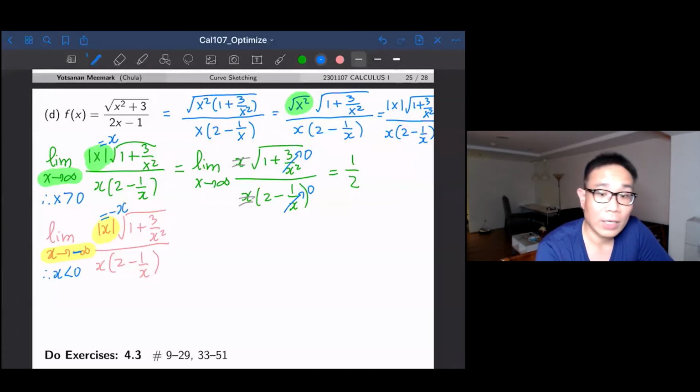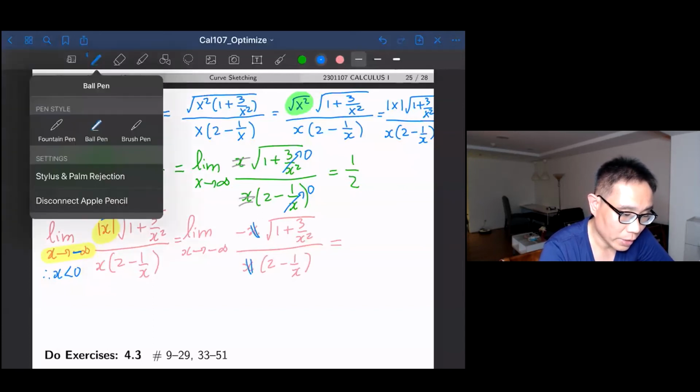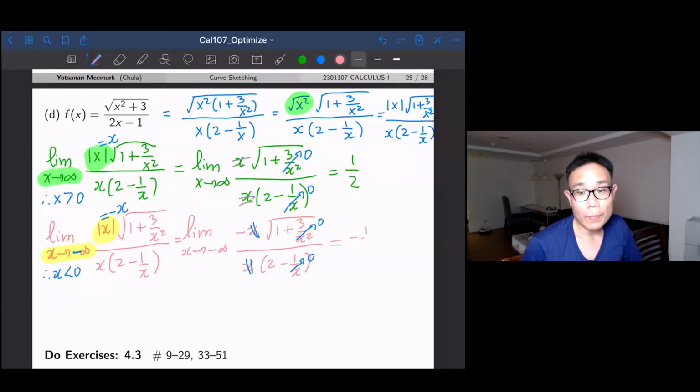Here x is negative, and when x is negative, the absolute value of x turns out to be minus x. So you get the limit as x goes to negative infinity of negative x times the square root of 1 plus 3 over x squared over x times 2 minus 1 over x. You cancel x and x like this, and this goes to 0, this goes to 0. So it turns out to be negative 1/2. So you have limits equal to 1/2 and negative 1/2 respectively.